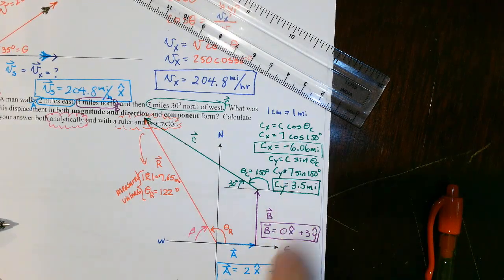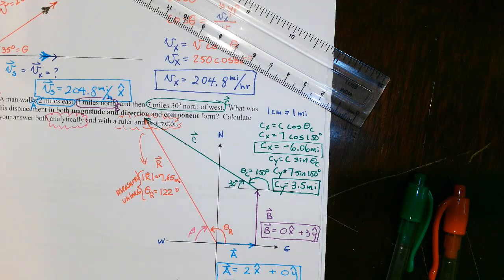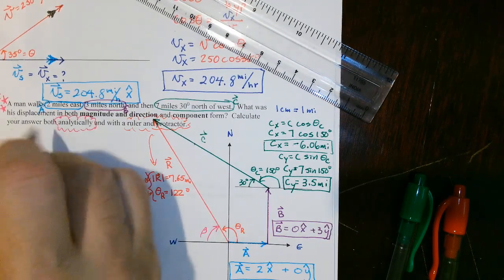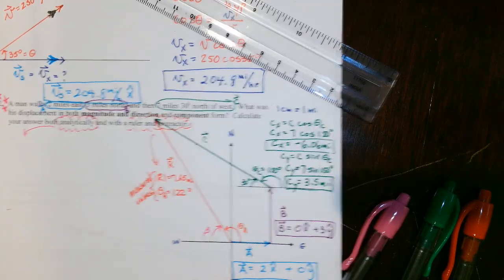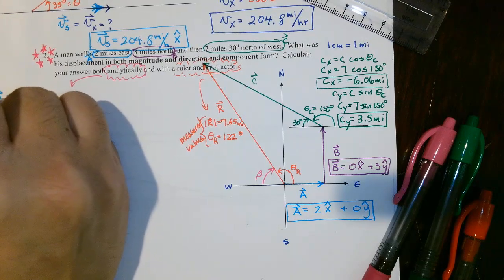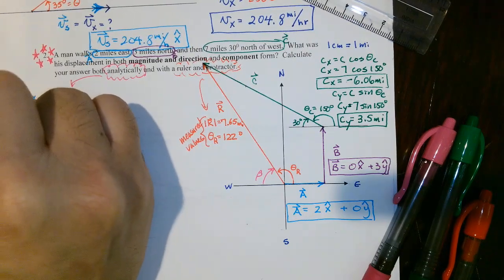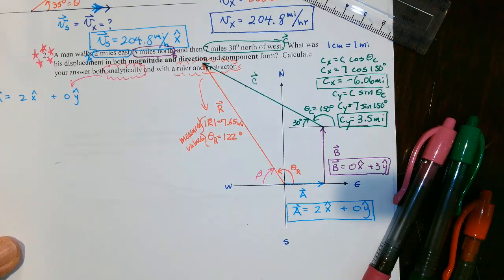So now I have all the ingredients to do the analytical part. All right, so the analytical part will be done here. Let's write down the A vector in component form. My A is equal to 2 x hat plus 0 y hat.